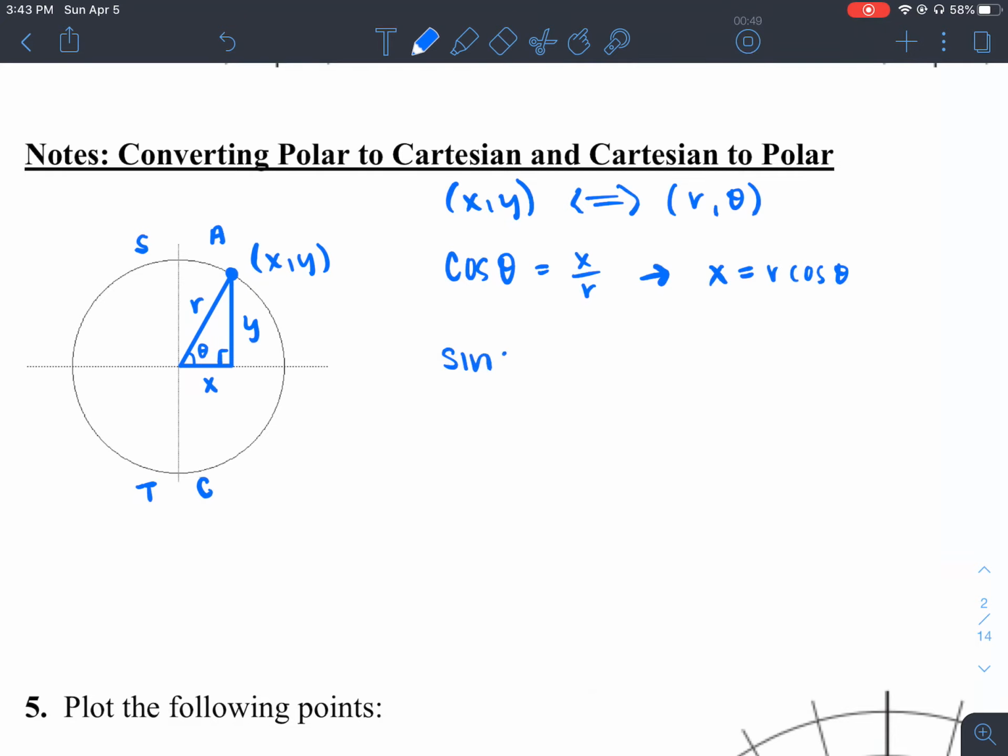I also know that sine of theta has to equal y over r. Sine is opposite over hypotenuse, which means y is equal to r times sine of theta. So again, if I know a point in polar, I can figure out what my y value has to be by doing this relationship here.